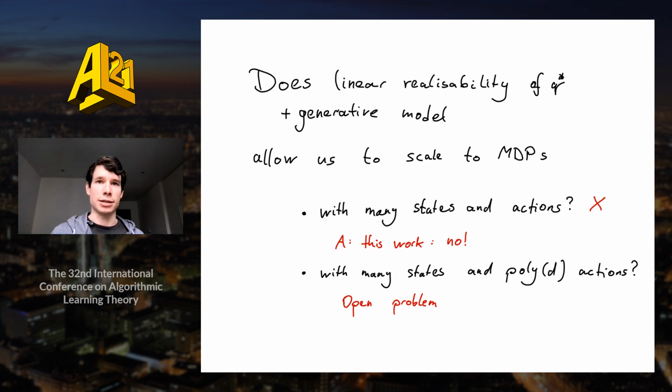Linear realizability isn't enough to scale to exponentially many actions. However, what remains an open problem is that if you have exponentially many states, but only polynomial in D many actions, then does linear realizability of Q star help you come up with a polynomial sample or query complexity planner? This is still an open problem.